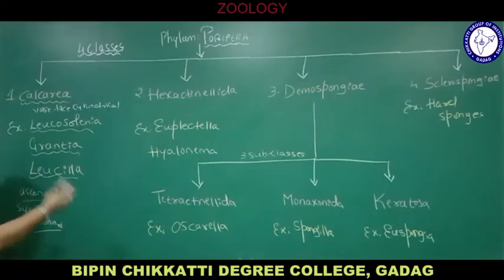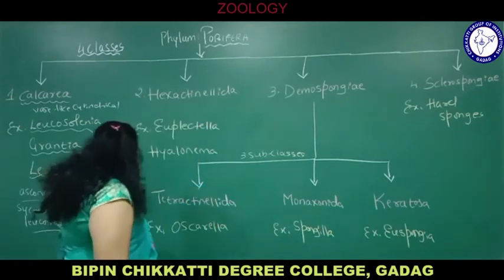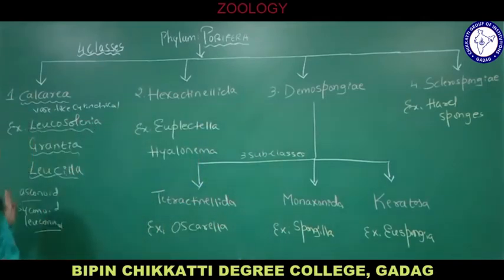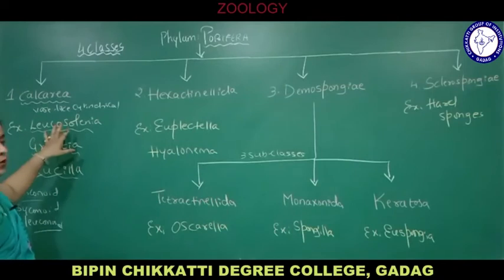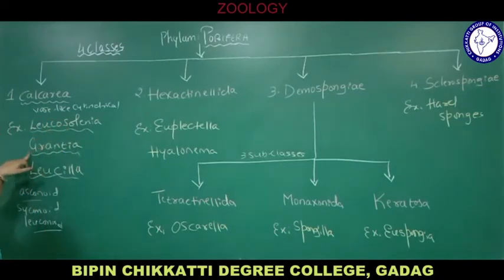We will discuss in the next session what asconoid, syconoid and leuconoid body organization are. They are found in shallow marine waters. Examples: Leucosolenia, Grantia and Lucilla.